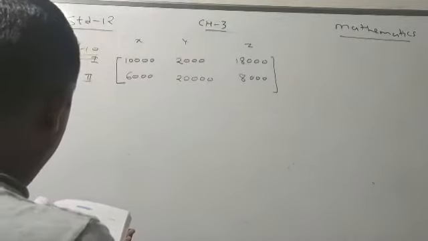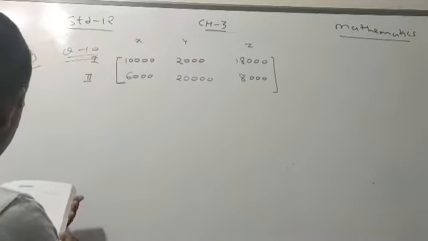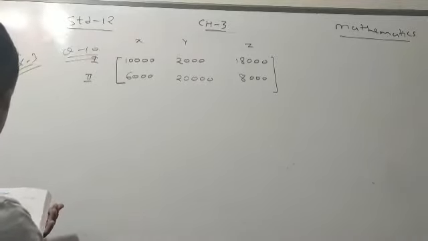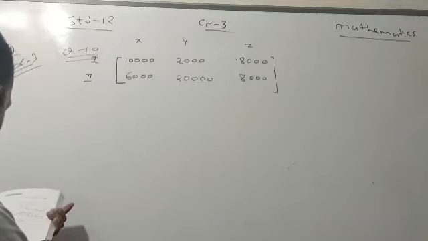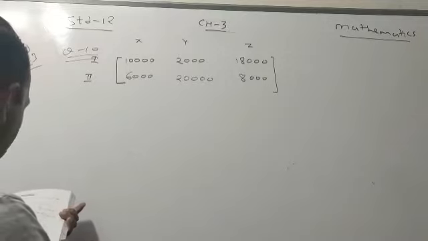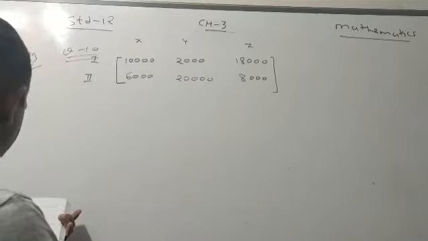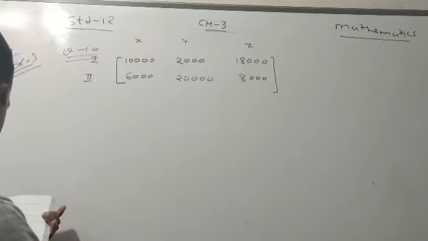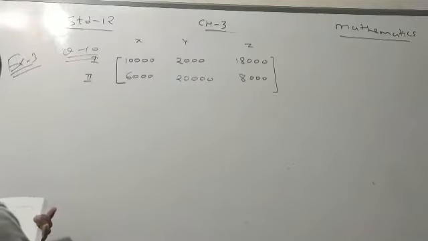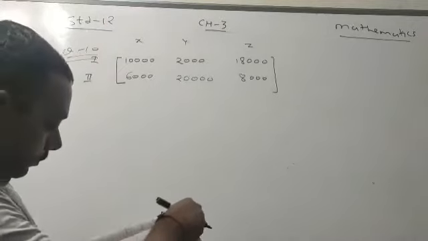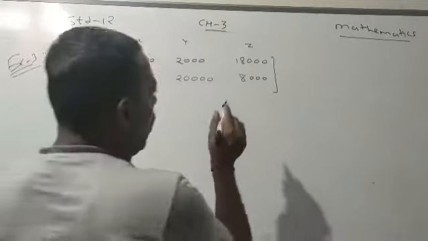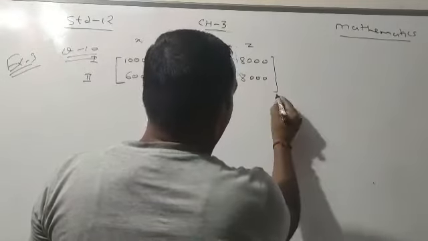Now the question is like this. The selling price for products X, Y, Z is per piece given 2.5, 1.5 and 1 respectively. Then with the help of matrices, find the total income of each market. Now observe this matrix.